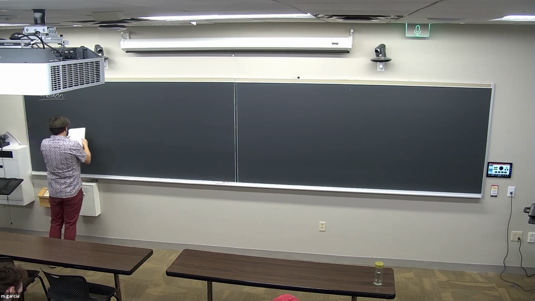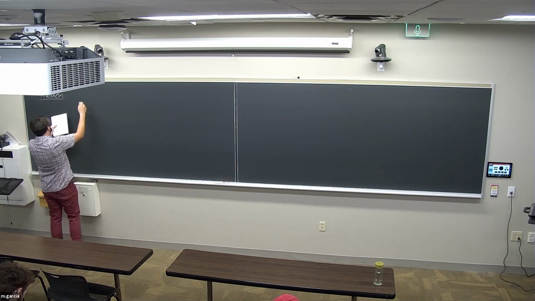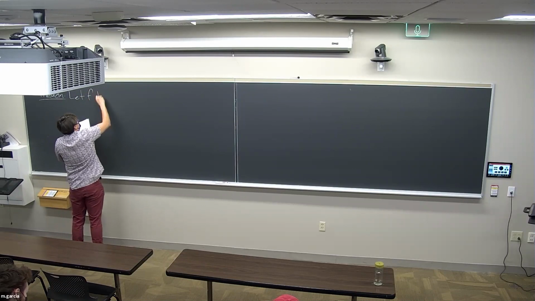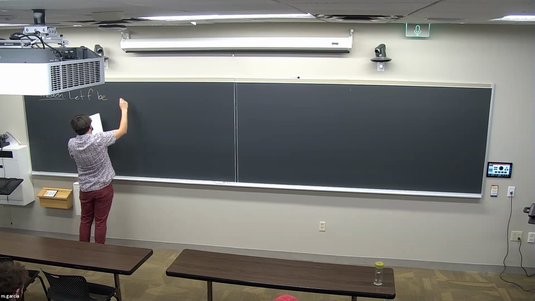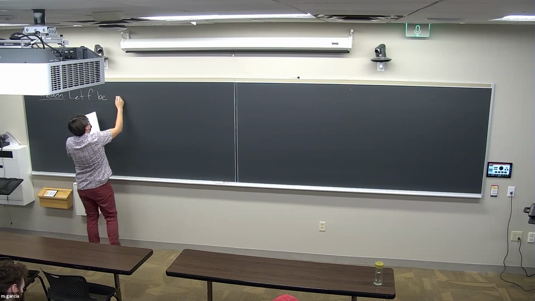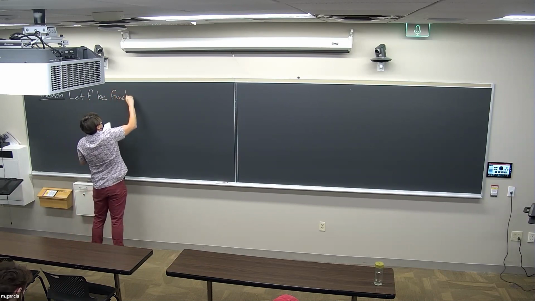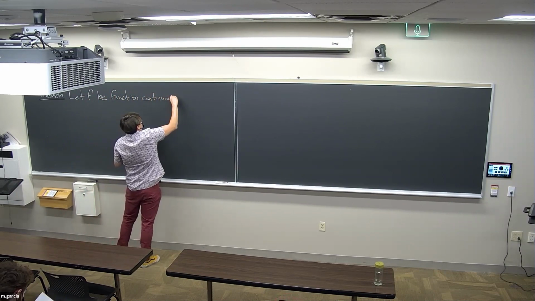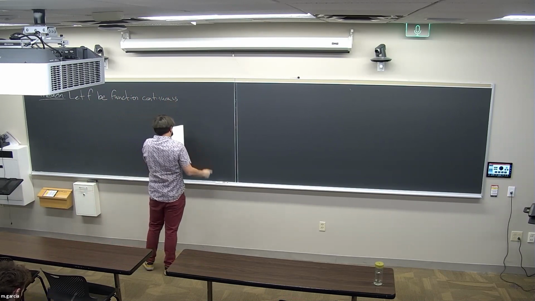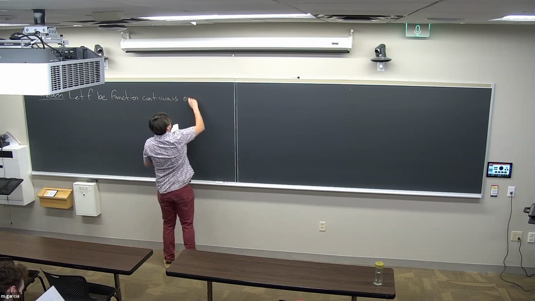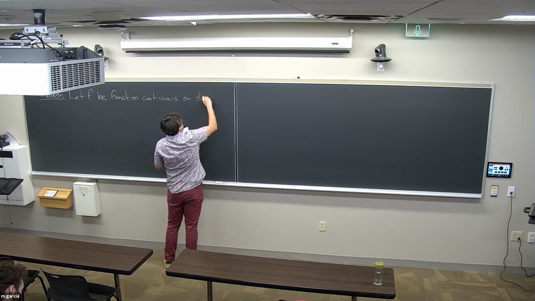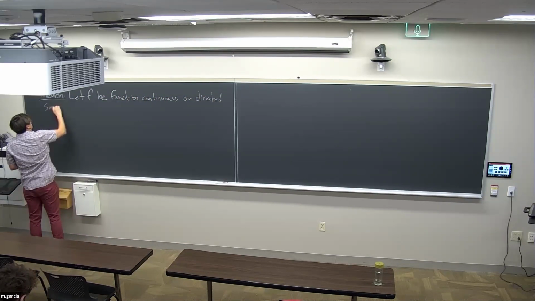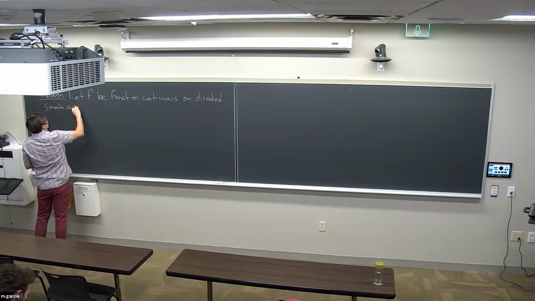Okay. So we basically ended Tuesday justifying the following. Let f be a function continuous on the directed smooth curve gamma.